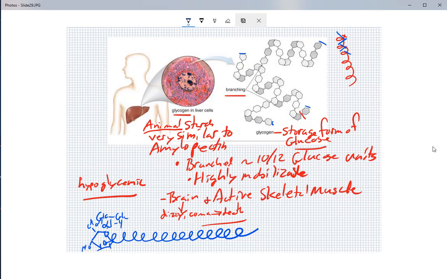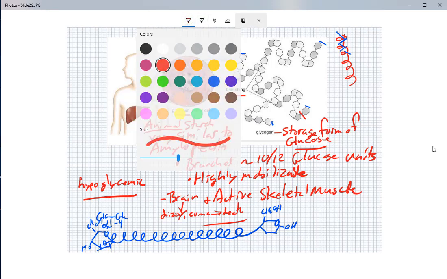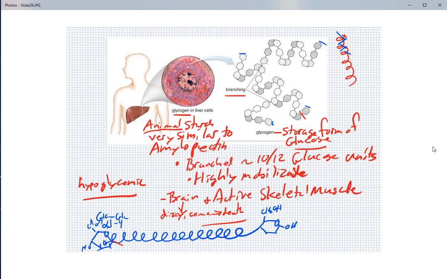On the other end you have a glucose subunit. This bond here is an acetal. We link one glucose to another in an acetal. This one here is a hemiacetal.